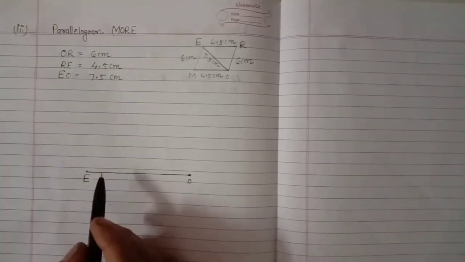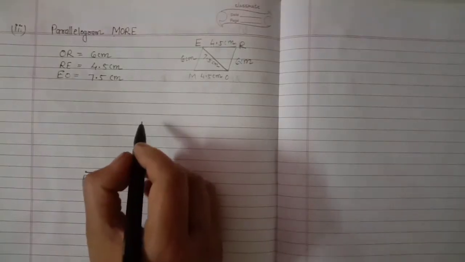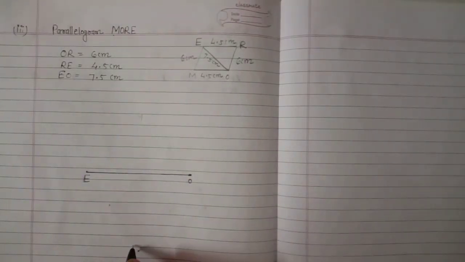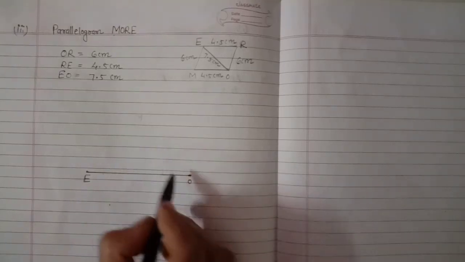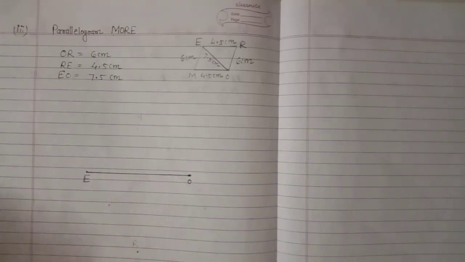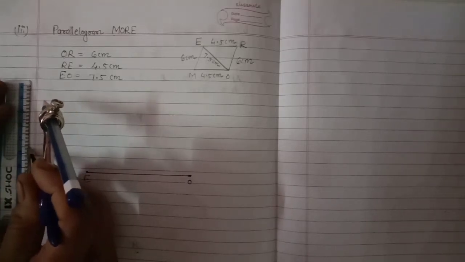Okay, so let's start. M will come upward. MO, what is the length of MO? 4.5 centimeter. So with center O, now we will make an arc of 4.5 centimeter.